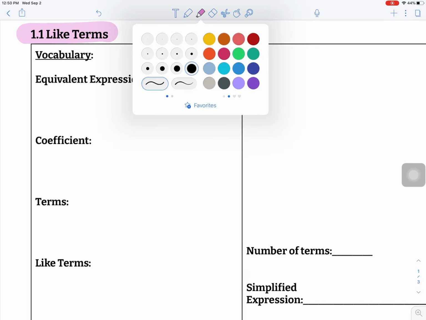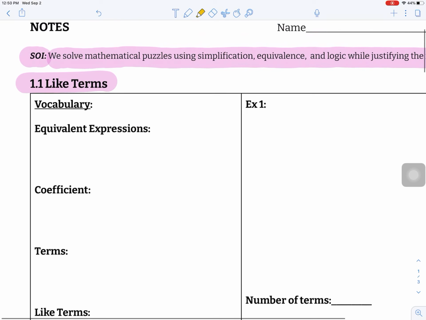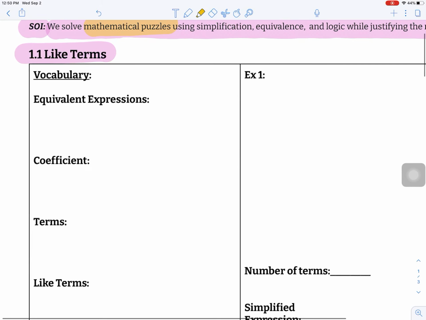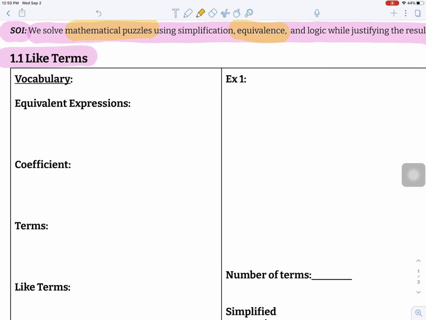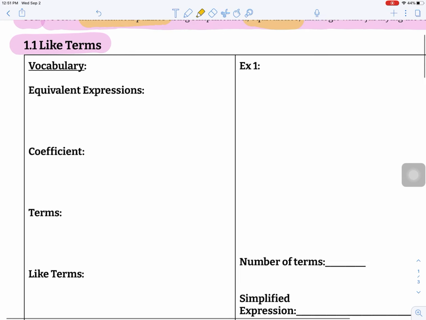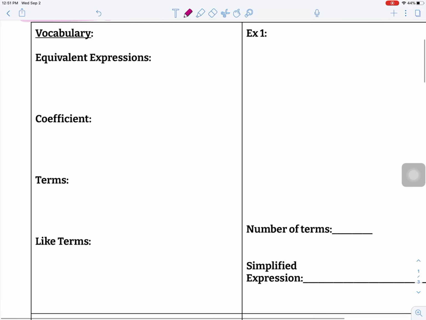Since we're really talking about solving these mathematical puzzles, we need to have some vocabulary in order to be able to talk about these things. The first thing that I want to talk about today, which also shows up in that statement of inquiry, equivalence, is the phrase equivalent expressions.